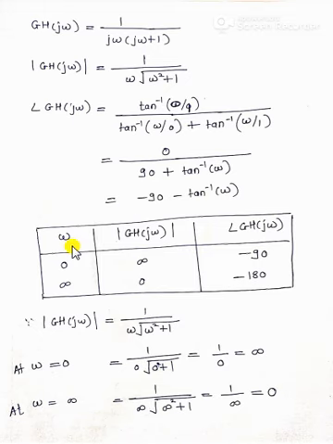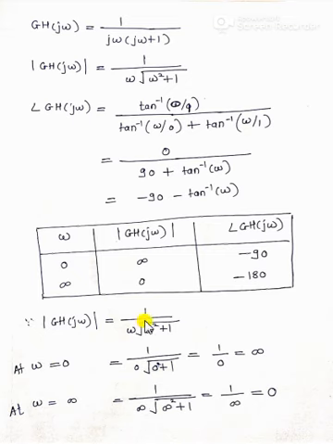Now we will draw a table of omega, mod of GH of j omega and angle of GH of j omega. We put omega as 0 and find the magnitude and the angle. Similarly, we put omega as infinity, then find the mod and angle values.